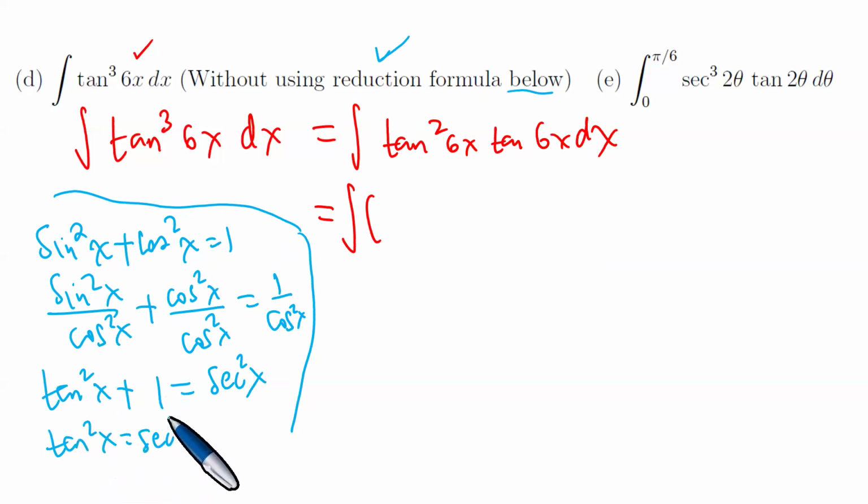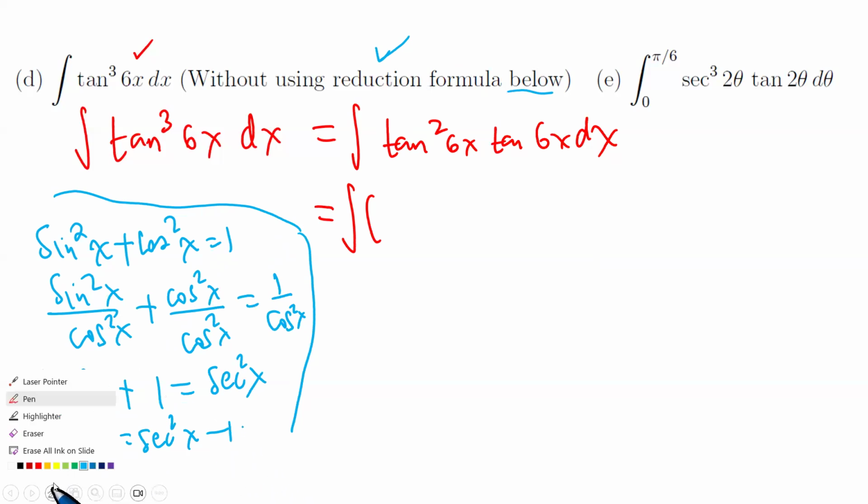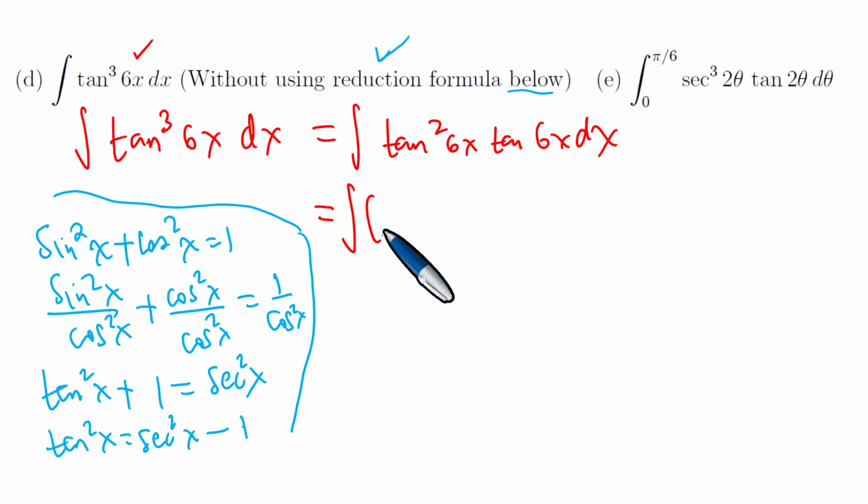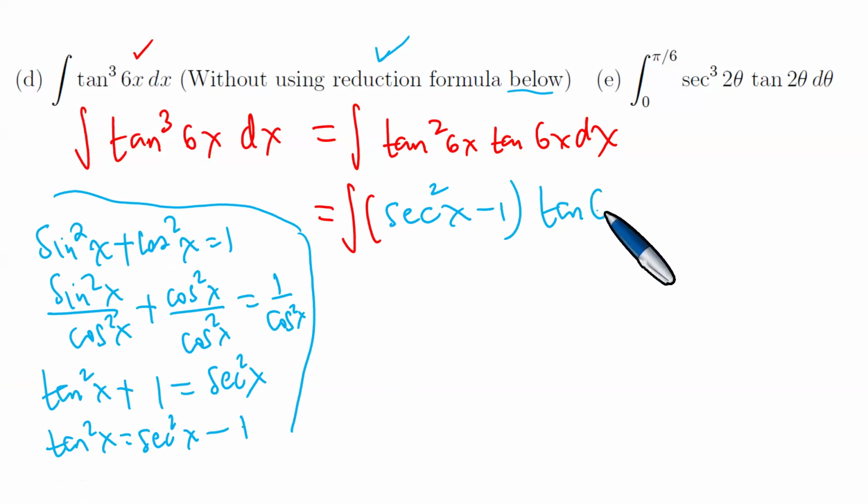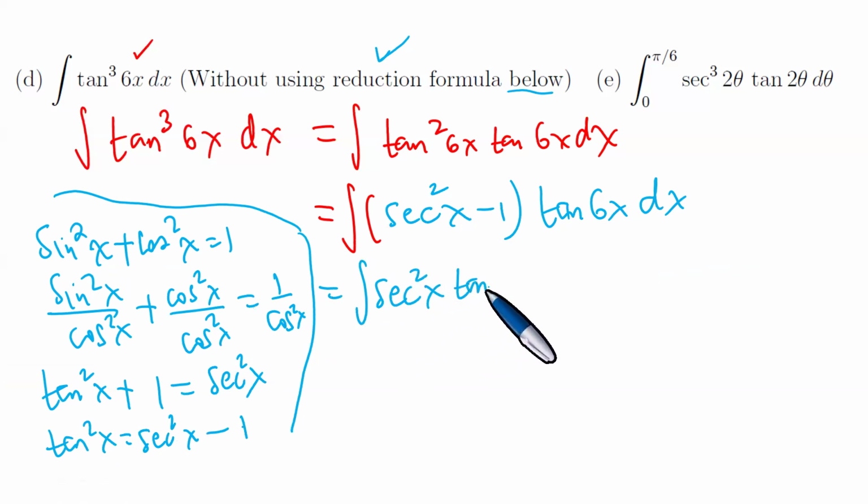So whenever you have the tangent squared, you can put the secant squared, and so in the end you would have the secant squared times the tangent of 6x.